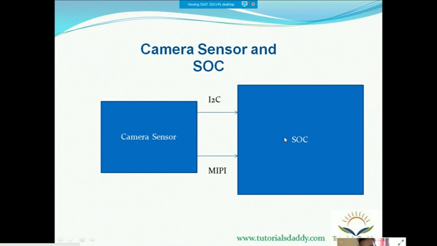Somehow we have to pass the frames captured from the camera sensor to the SoC, and that will happen through the MIPI interface. Again I will repeat, there are two interfaces which connect the camera sensor to the SoC. One is the I2C interface, used for controlling the camera sensor from the SoC, and the MIPI interface is used for transferring data from the camera sensor to the SoC.